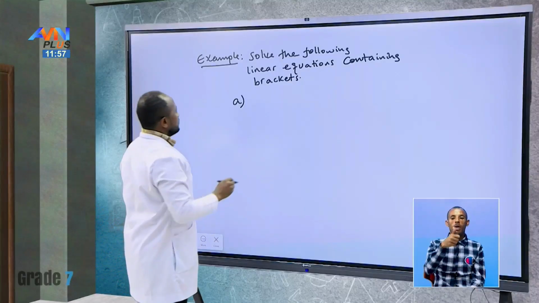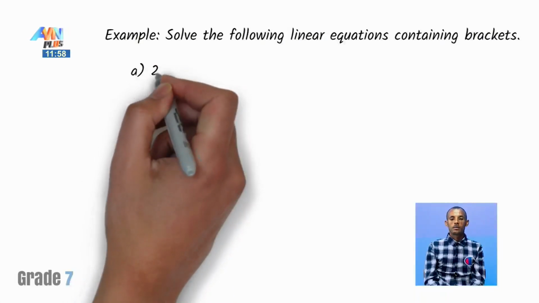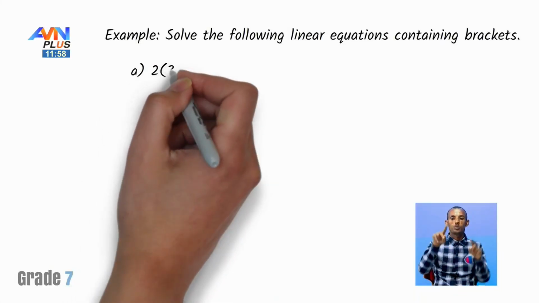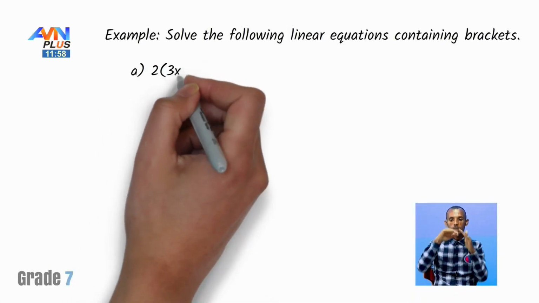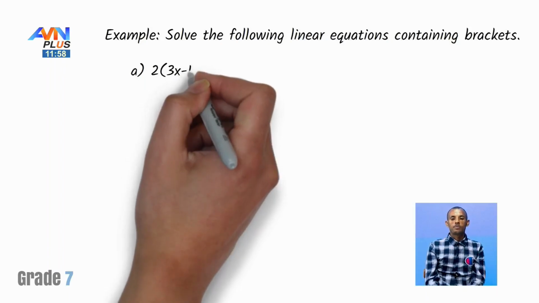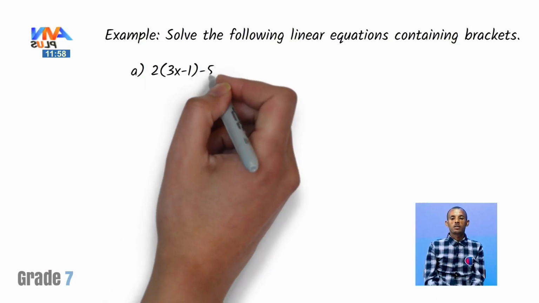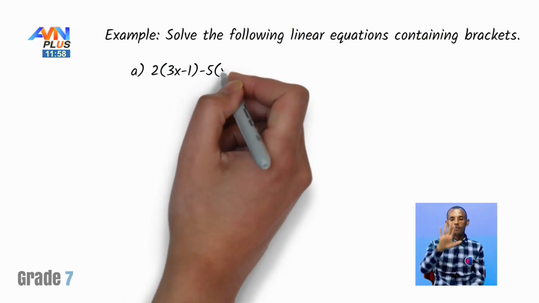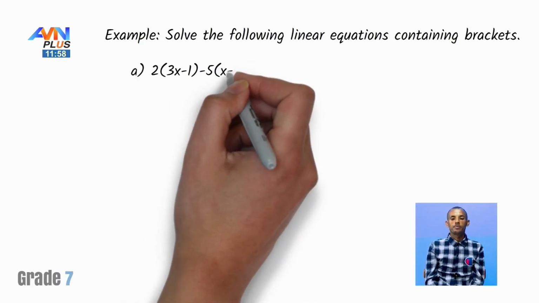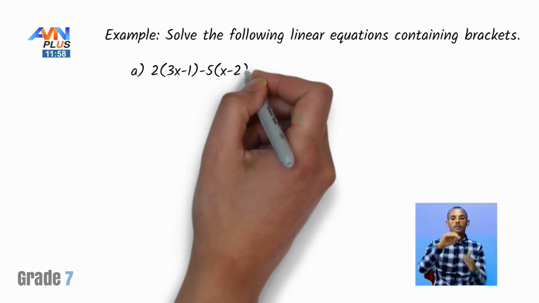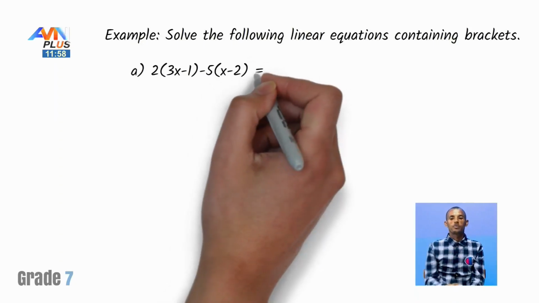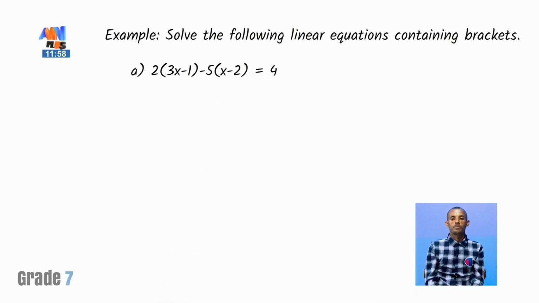A: 2 into 3x minus 1, minus 5 into x minus 2, is equal to 4.